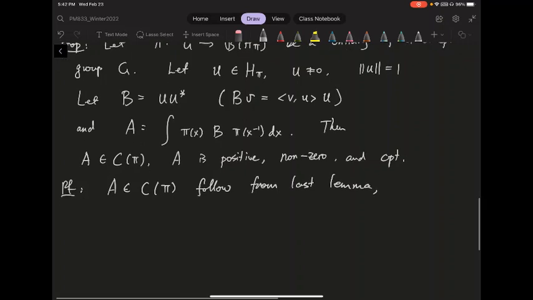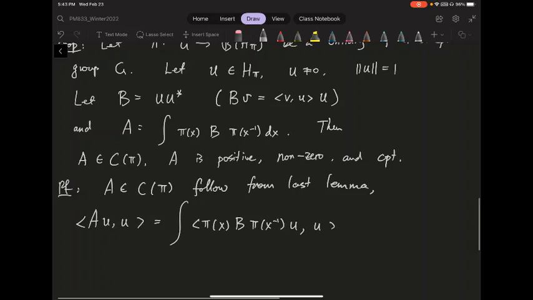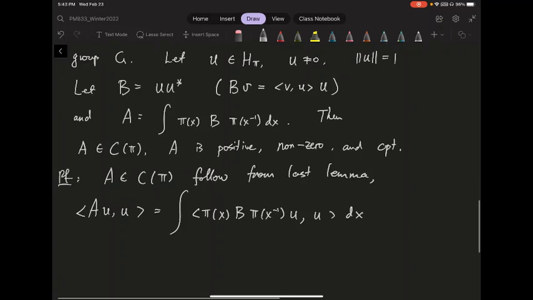Well, if we consider what happens to A applied to some vector, say V, and then taking the inner product with V, that's essentially just the integral, and because the integral is linear, you can move the V and V inside. So this is essentially just whatever you're integrating, this operator pi x, B, pi x inverse, and then you take the inner product of V with V, and then you have the dx, okay?